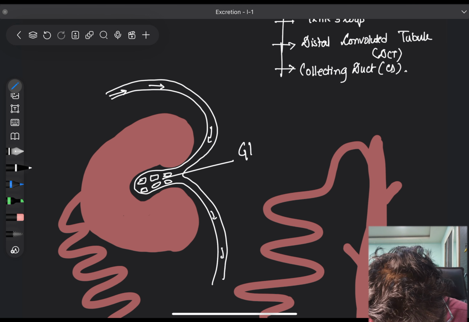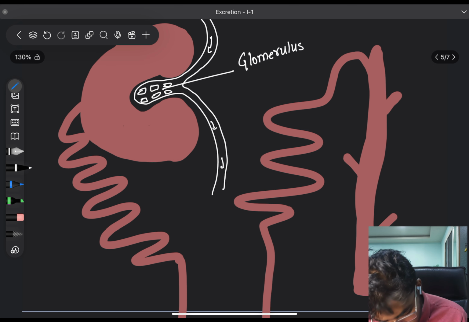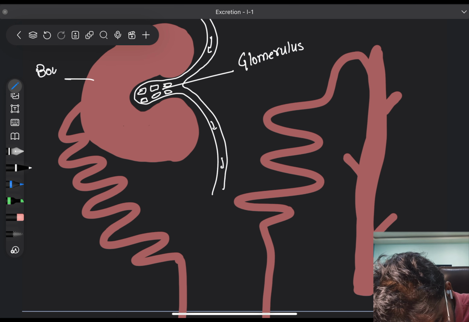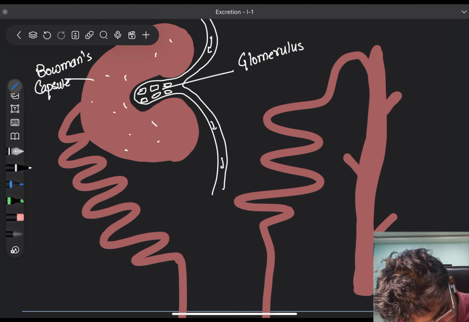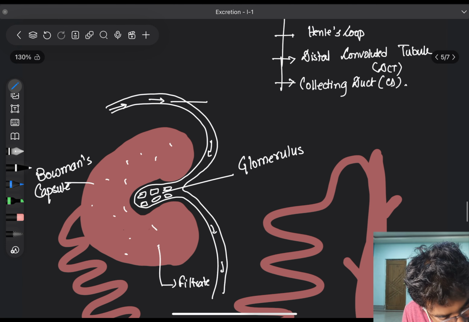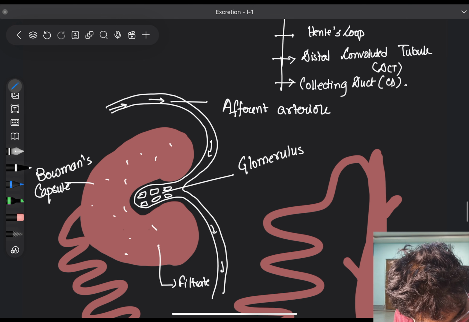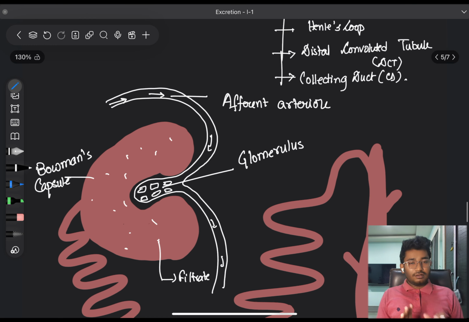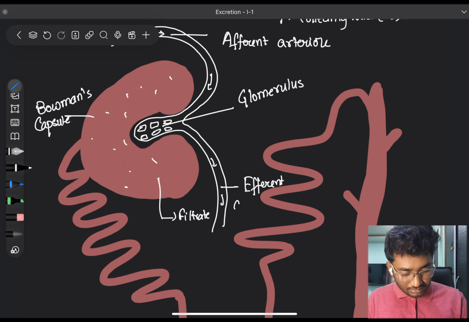So it is the glomerulus. Okay. This is the Bowman's capsule. These are the filtrates. This is the afferent arteriole. I will teach all these topics in the next video. This is the efferent arteriole.